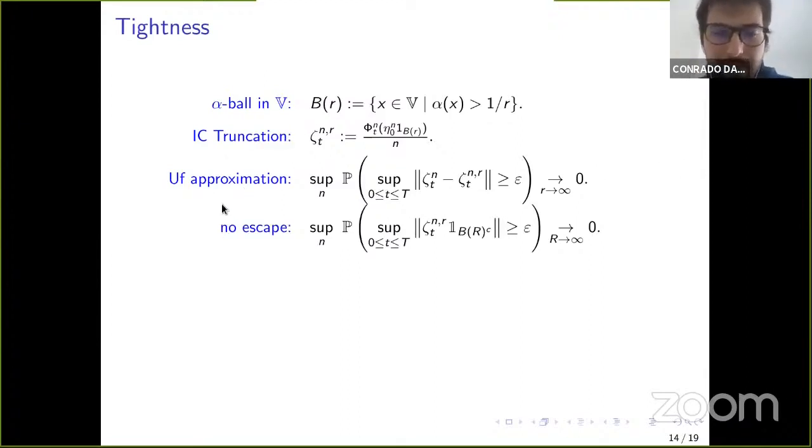The next condition is that the particles that started in a certain fixed ball will not get very far away. So they essentially die out, or they never go very far in the alpha norm, right? The way that we bound this is by looking at the evolution of the total mass of the system, which is not the same as the alpha norm.